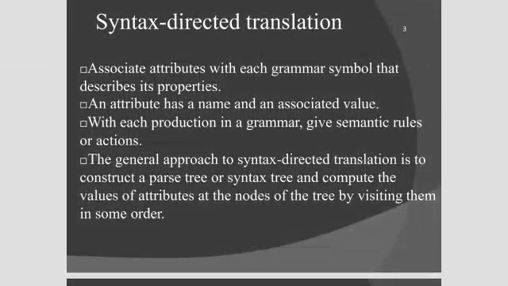An attribute has a name and an associated value. Each production in a grammar is given semantic rules or actions. The general approach to syntax directed translation is to construct a parse tree or syntax tree and compute the values of attributes at the nodes of the tree by visiting them in some order.